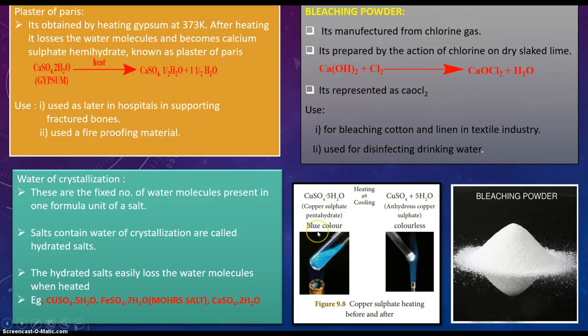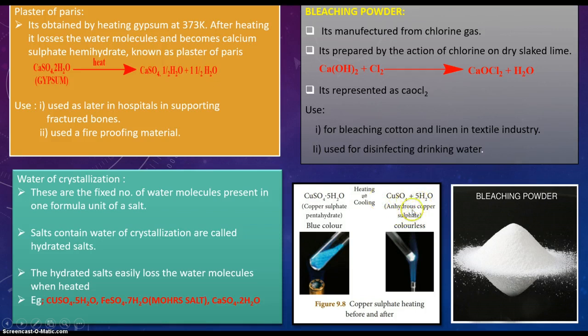And whenever we heat those hydrated salts, sometimes we observe some color change. Suppose I take copper sulfate 5 water, and if we heat it, then the blue color of the copper sulfate 5 water will fade, and it will turn into a colorless solid, CuSO4, as the 5 water molecules are eliminated.